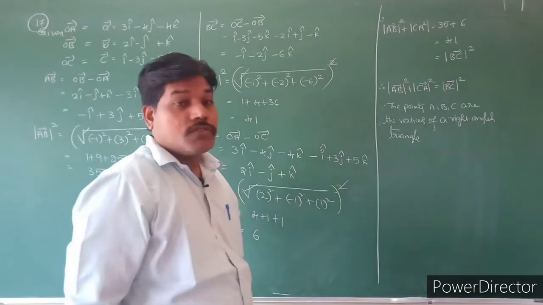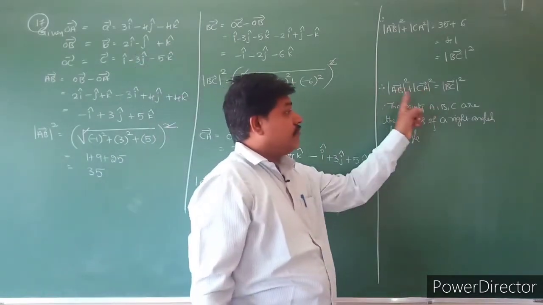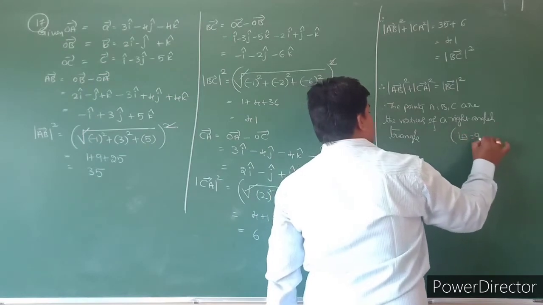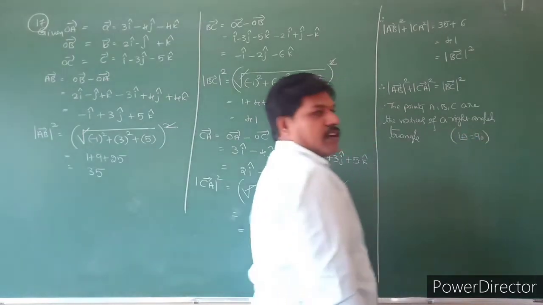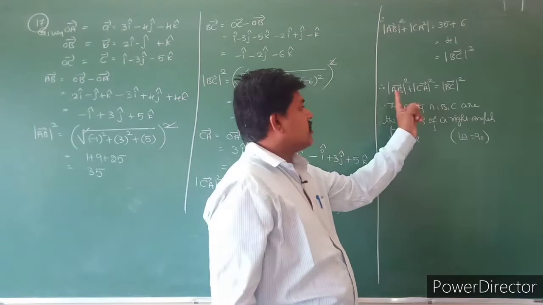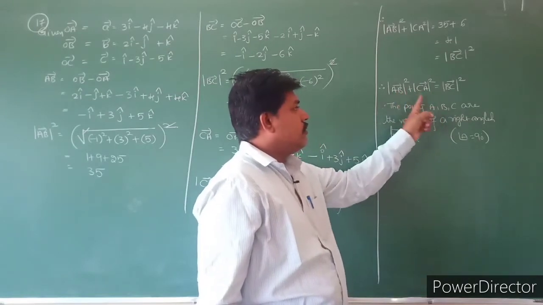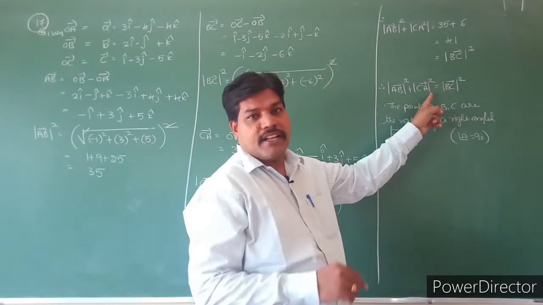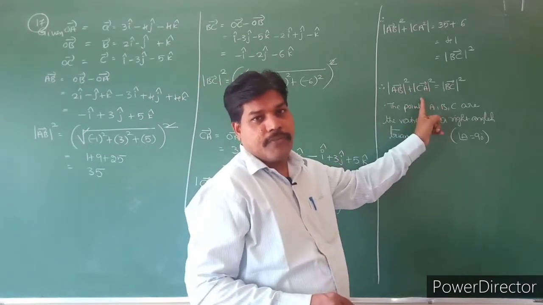Do you understand, students? So where is the right angle? Right angle is at A. Angle A is 90 degrees. What is the common term in these two? A. That means the triangle forms the right angle of 90 degrees at the vertex A.